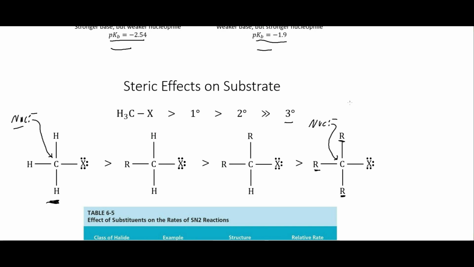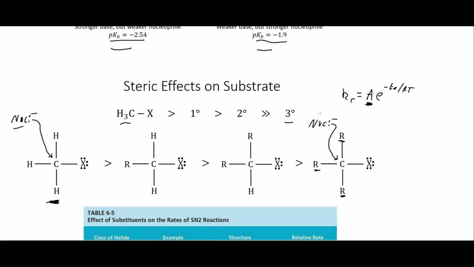And so again, if we're looking at our k here, the Arrhenius equation, negative Ea over RT, when we have the tertiary carbon, it's going to reduce this A value here, whereas if we have just a methyl group on here, it's going to increase our A value, which will increase the rate constant and therefore increase the rate of the reaction.